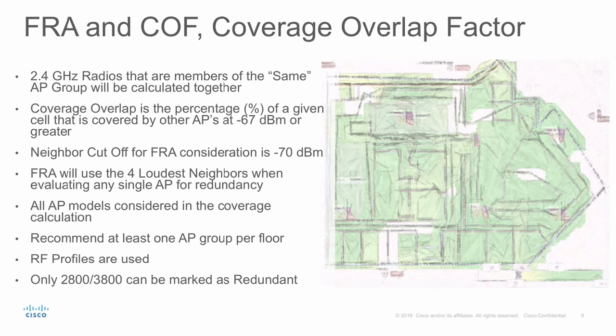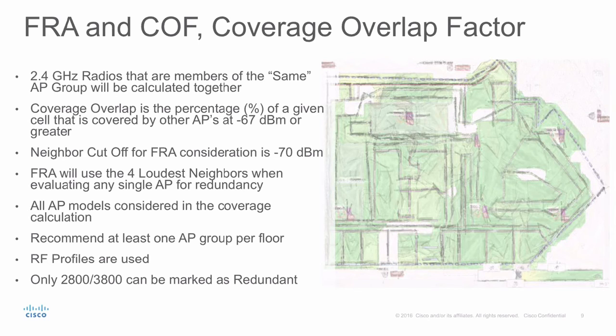And then FRA is only going to use the 4 loudest neighbors when evaluating any single AP for redundancy. So if you have 8 or 9 neighbors that are above minus 70, other than being an incredibly dense network, we're still going to look at the 4 loudest of that list as being the coverage candidates for that AP.